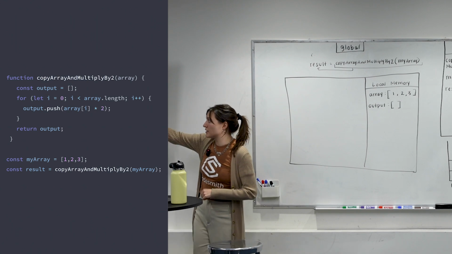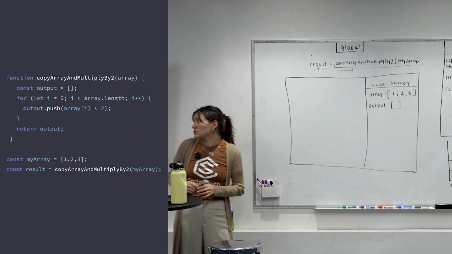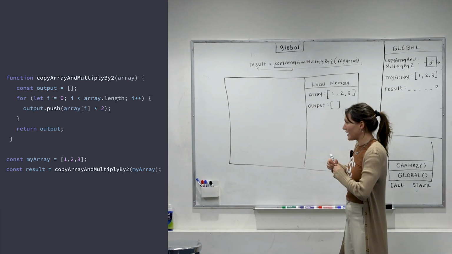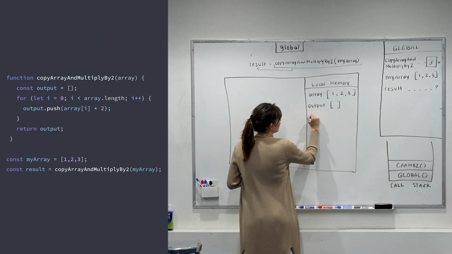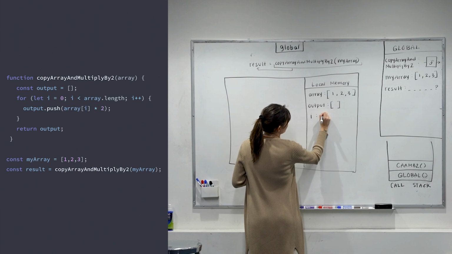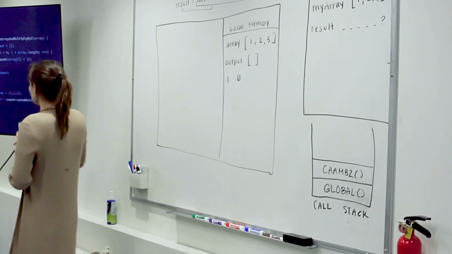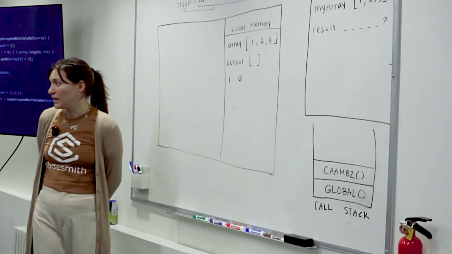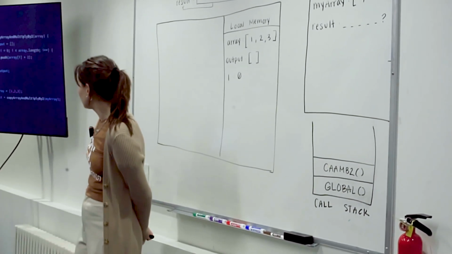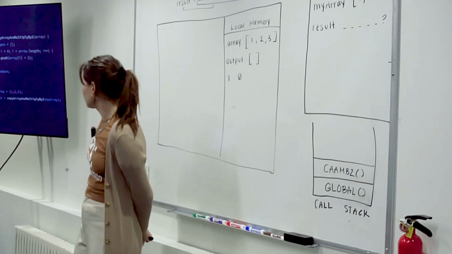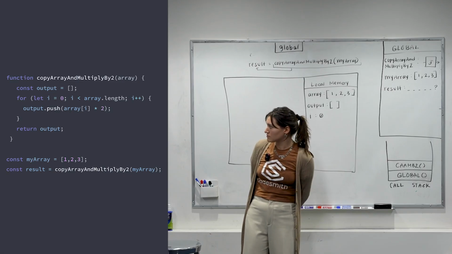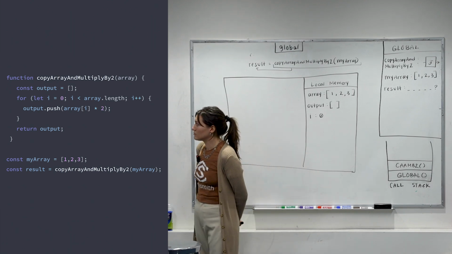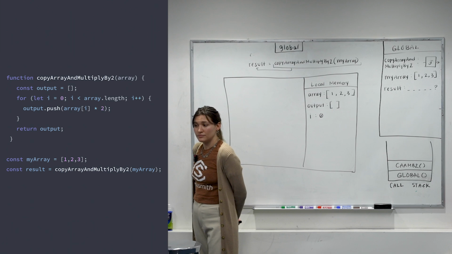Absolutely. Whenever we declare this variable i, Taylor, where are we storing that? That'll be stored in local memory. Absolutely, yeah. So we could just store i over here, initialized to the value of 0. Now, what is this condition in the middle? What is this statement? So the conditional is as long as i is evaluating to be less than the length of the array, and the length of the array is the number of elements in the array.